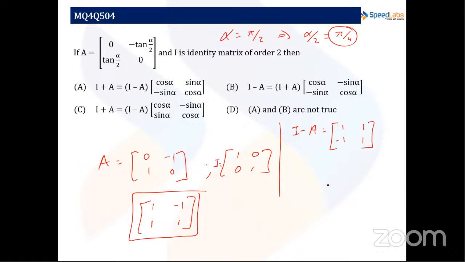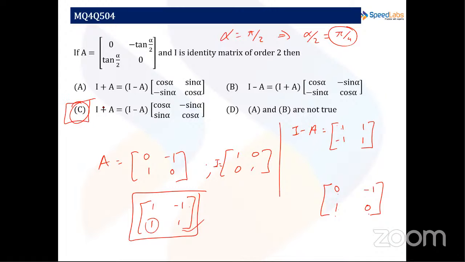And cos alpha, cos pi by 2 is 0, and minus is 1 and 0. If I am going for option C, then if we multiply it, 1 into this, 1 into this will be 1. First row second column it will be minus 1, 0 and 1, this will be 1 and this value will be 1. Okay, so option number C is correct.